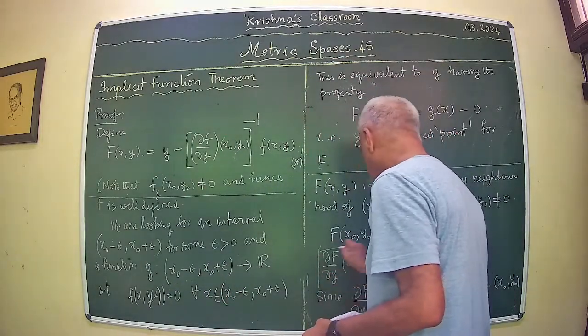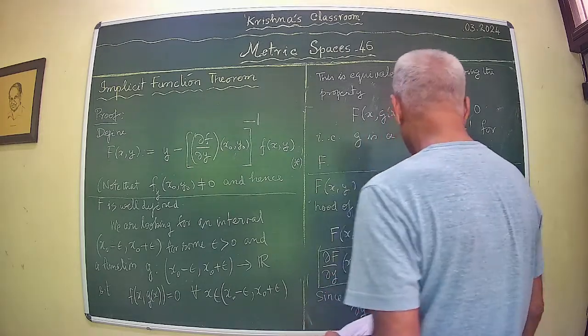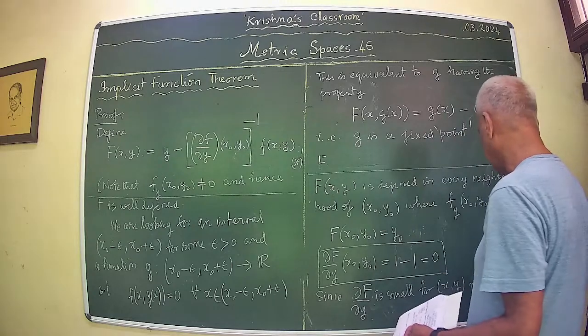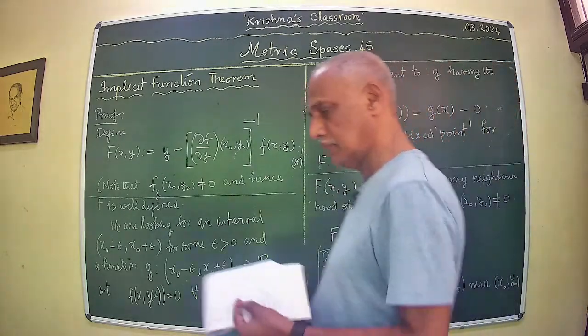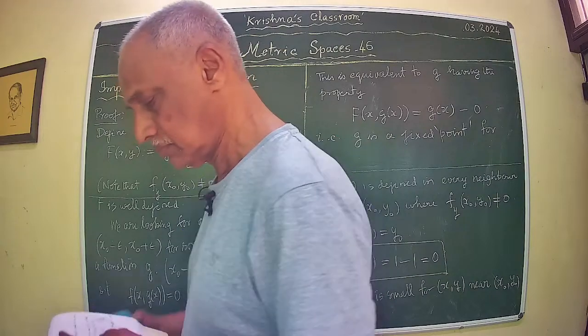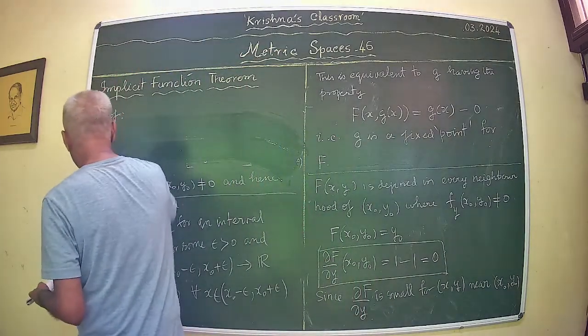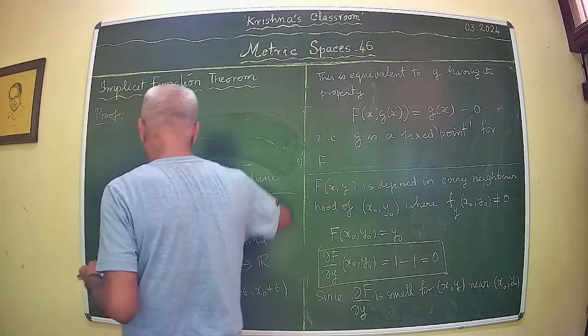At x naught y naught this is equal to 0. Therefore you see that in some neighborhood of x naught y naught this is going to remain small, and therefore different from 0. So let us use that.